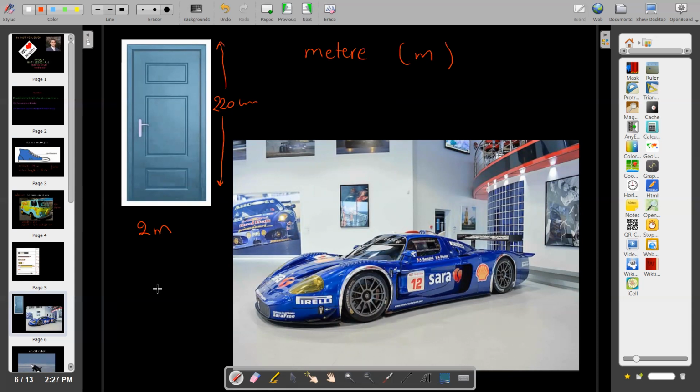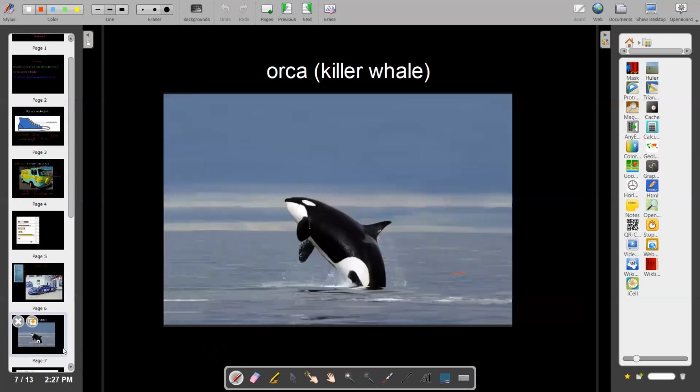So the good estimate is 2 meters. This car is about 5 meters. This is the estimation of large objects.